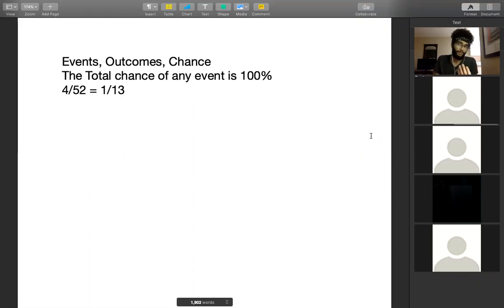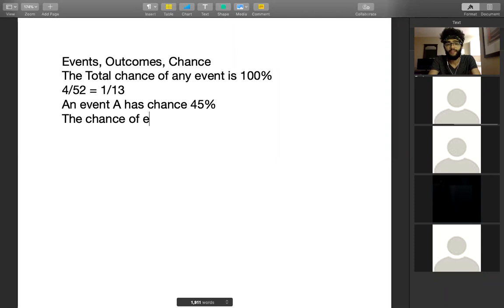And from that, we can understand one thing: if we are talking about an event A which is happening, let's say an event A has a chance of 45%, just a random example, then the chance of event A not happening will be 55%.